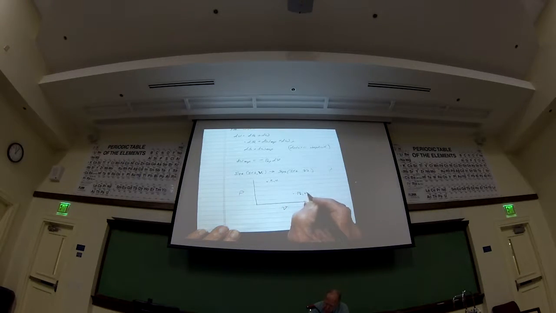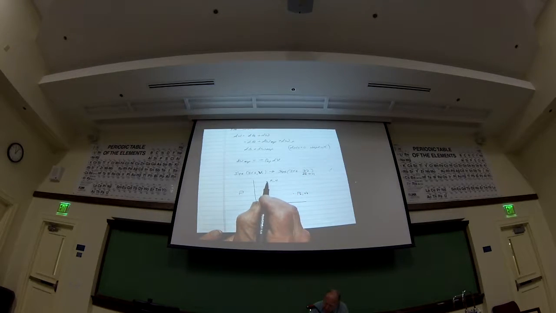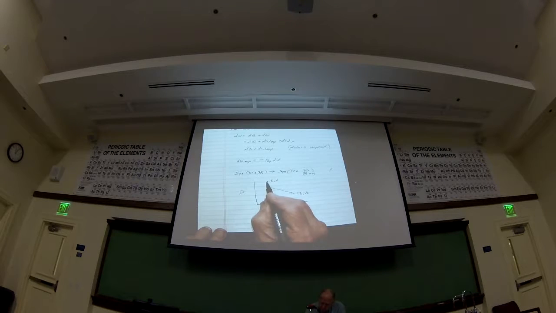Maybe the same pressure, maybe different pressure. But the volume V2 is greater than V1. So we have an expansion. And so there's some kind of path between the states, and the work effect is the negative of that area.